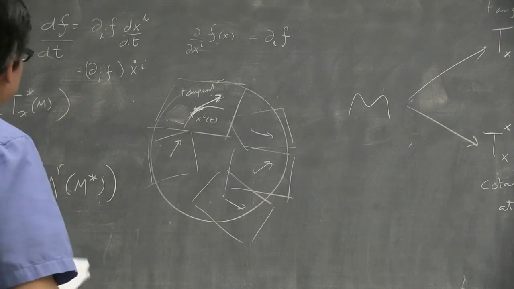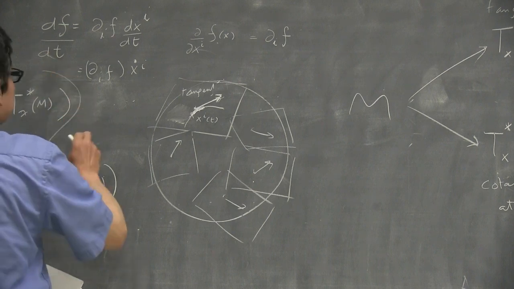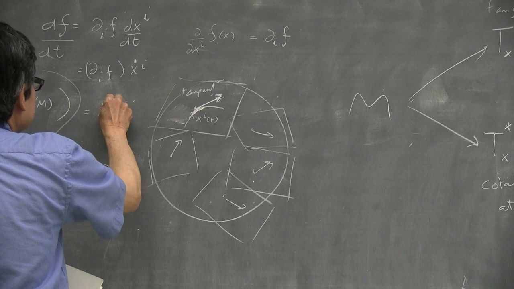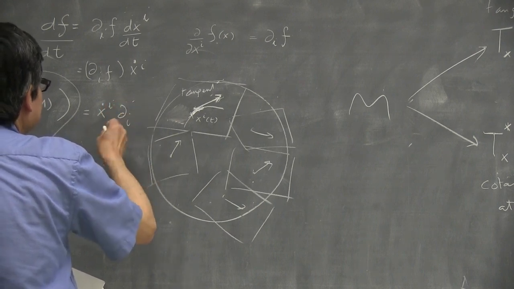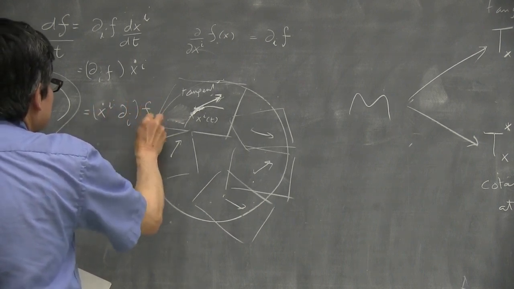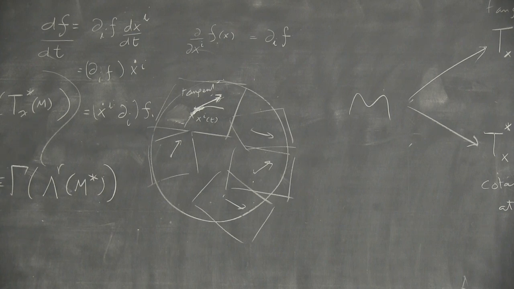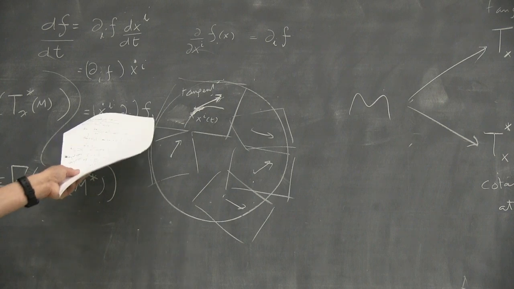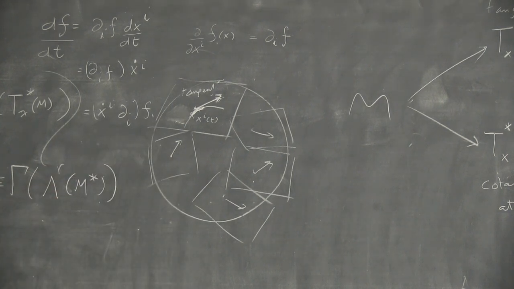And let me just go ahead and try to write this slightly differently. You can write this as xi dot di, the whole thing operating on f like that. And look at this di as some, well, of course it is some differential operator acting on f, okay?